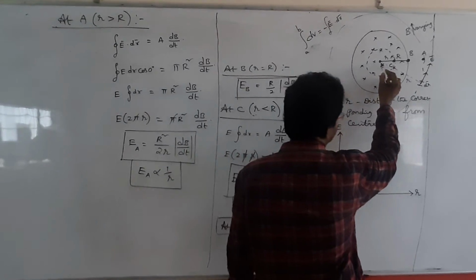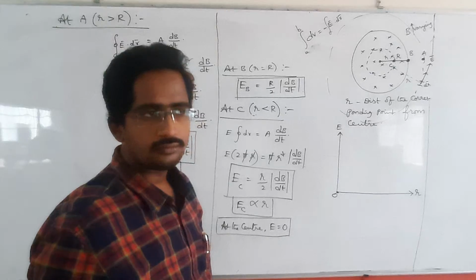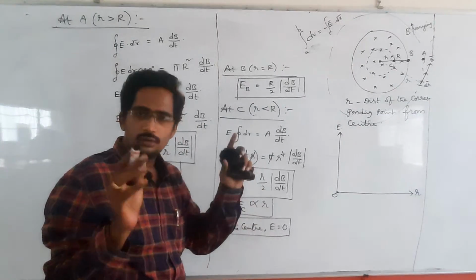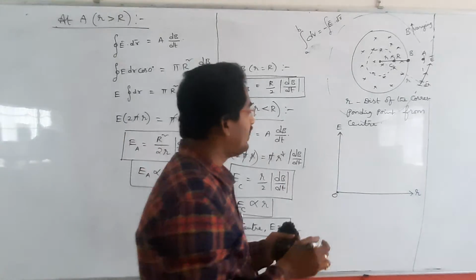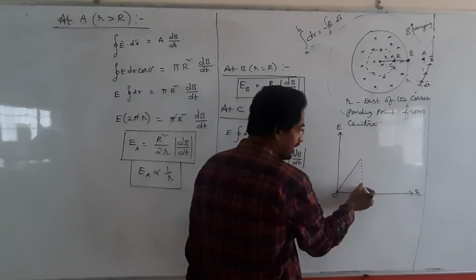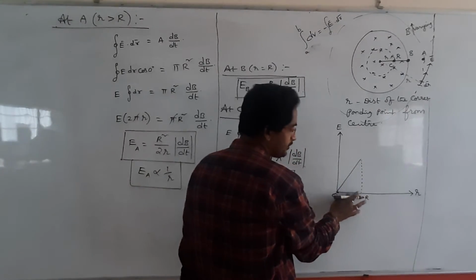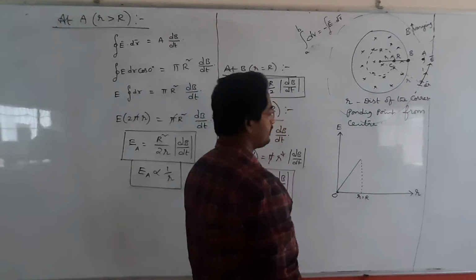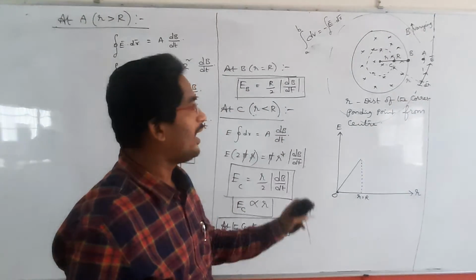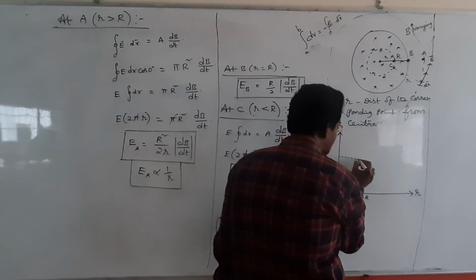As I am moving from the center to the edge of the field, how is E related with r? Directly. Up to the edge of the field, the E value will increase linearly until small r becomes equal to capital R. Until small r becomes equal to capital R, the E value increases linearly, such that when it reaches the edge, the field value reaches its maximum.